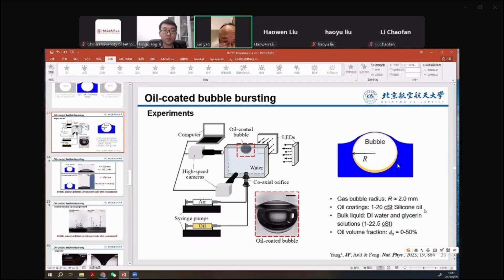Okay. So some questions actually from Ping'an. His question is that the bubble is released at the bottom and rises up to approach the free surface. I'm wondering whether the bubble velocity influences the bursting dynamics. Yes, sometimes it will, but here we consider the bursting of a static bubble. That means before bursting, the flow field is static.